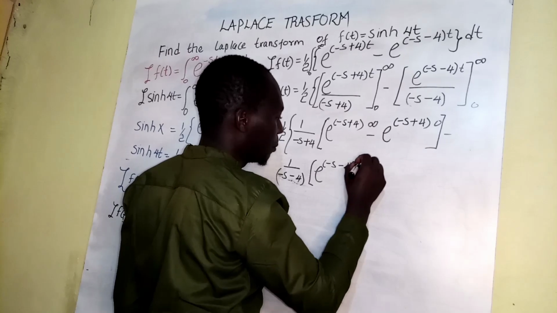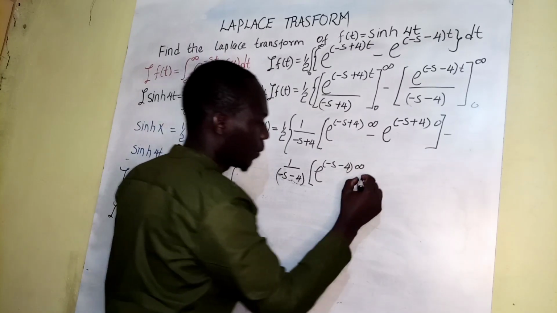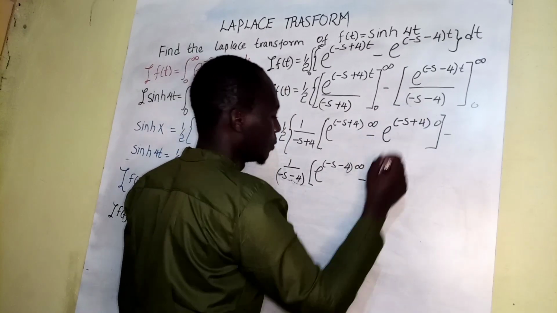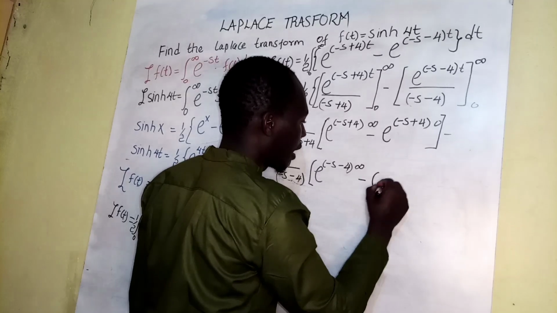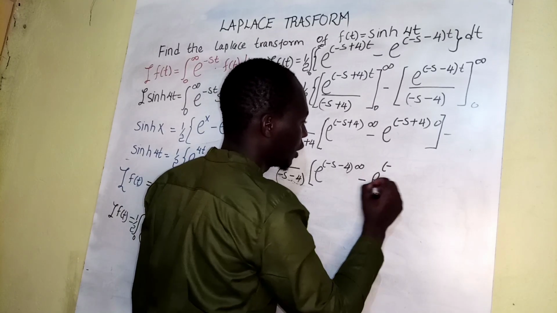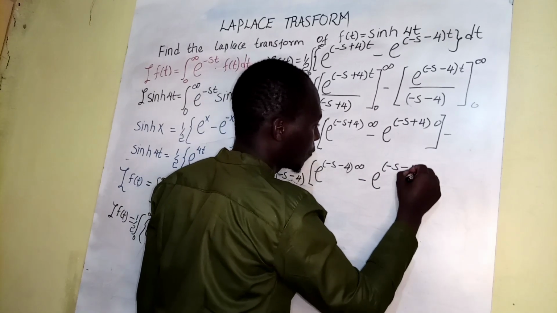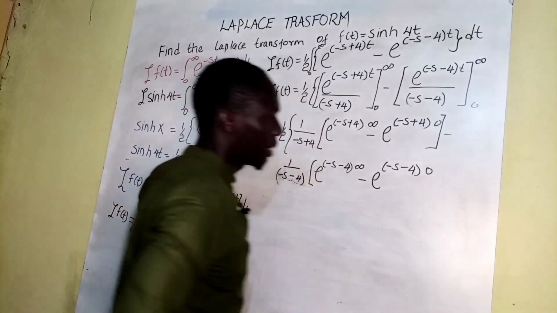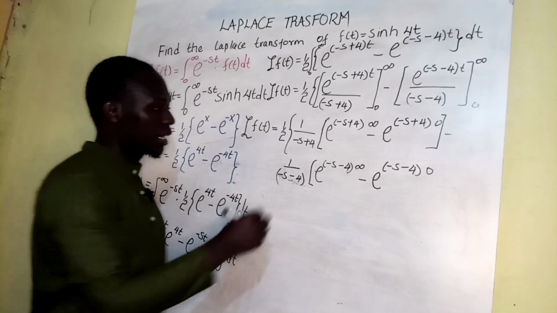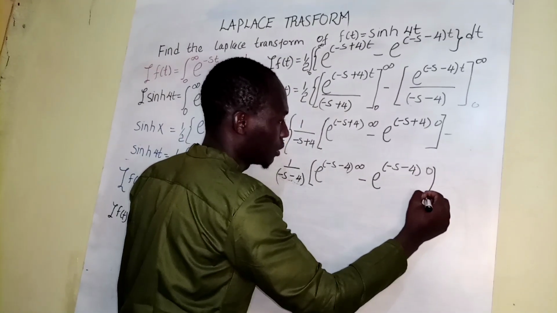The upper limit, we come and insert. We subtract from exponential into negative s, we subtract from 4, we come and insert our lower limit, and then we close the bracket.